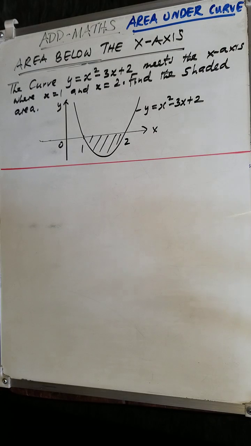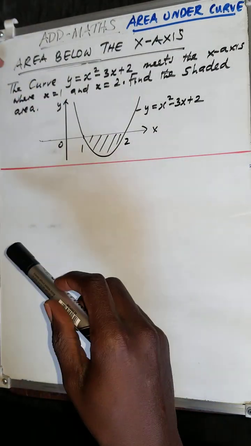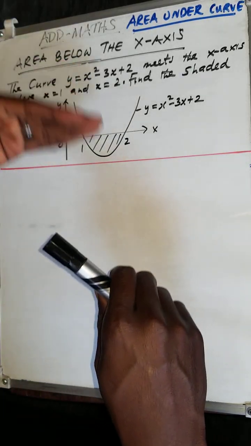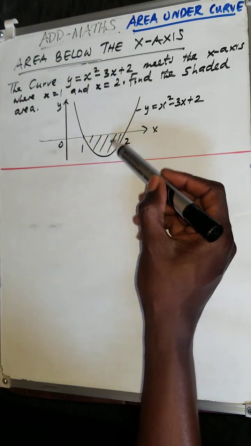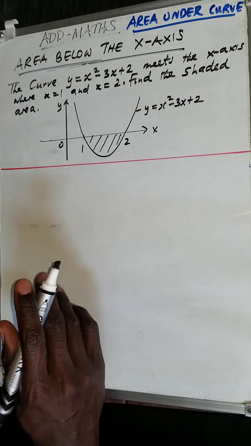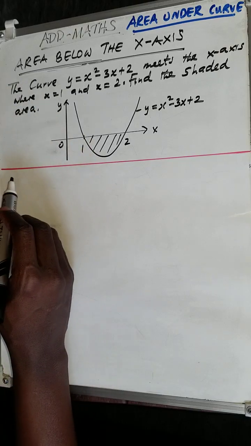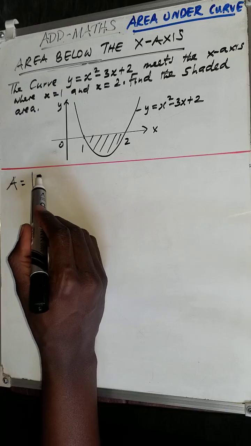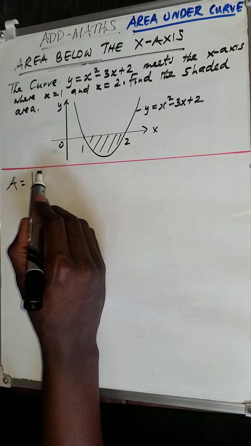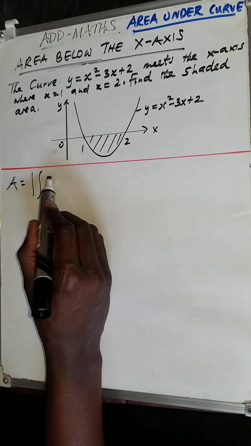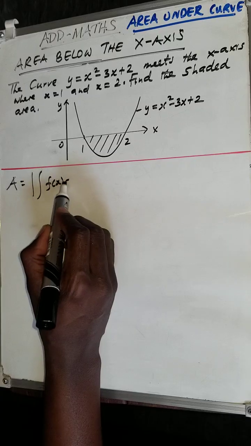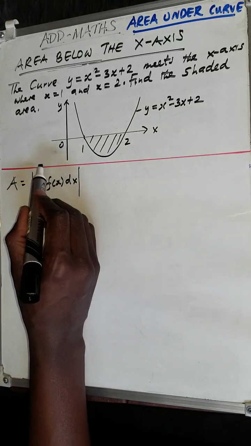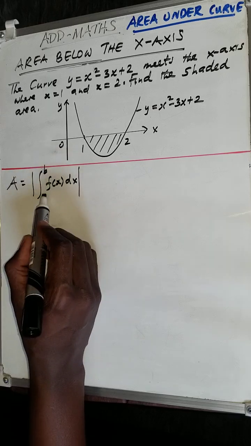Right, so again, I'm still looking at the area below the x-axis. Like I told you, if you're finding the area below the x-axis, the area is always going to be negative. So to counteract that negative, we simply say the area is given by the modulus of the integral of the function with respect to x, with limits a and b.